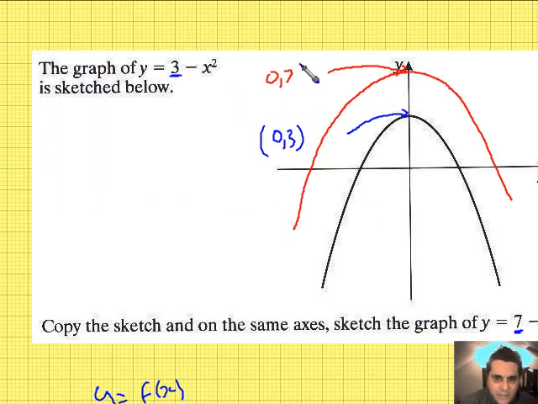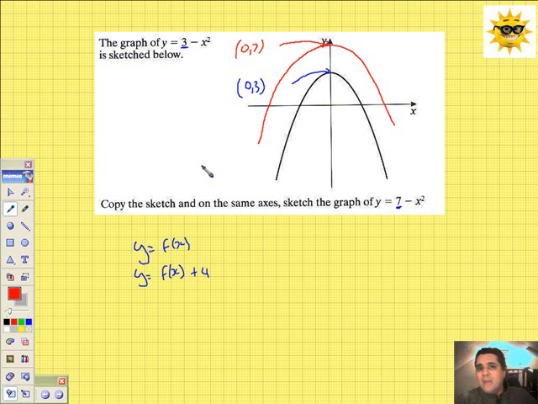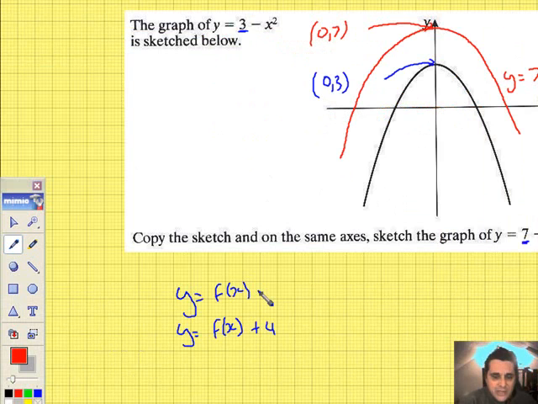Really important to label that point rather than just show that the graph has been lifted up in the air by some random undefined amount. So let's just label the equation y equals 7 minus x squared. Effectively I've gone from (0, 3) to (0, 7), so I've taken the original function and then I upped it 4 units in the y direction, parallel to the y-axis.